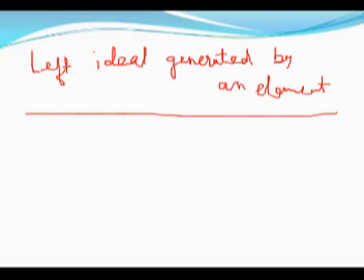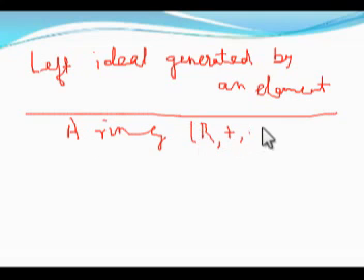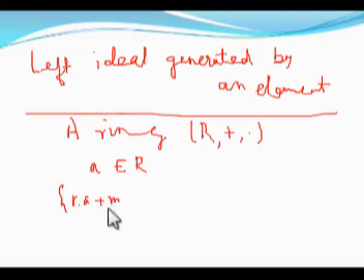If we take a ring R with respect to addition and multiplication, then we take any arbitrary element a belonging to the ring R. If a forms the left ideal, in this way we can take Ra + ma, where Ra is multiplication and this is addition.